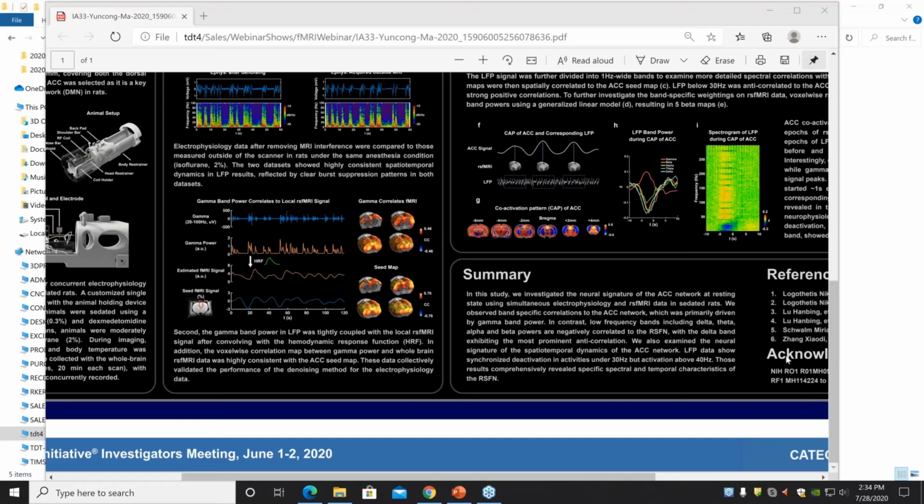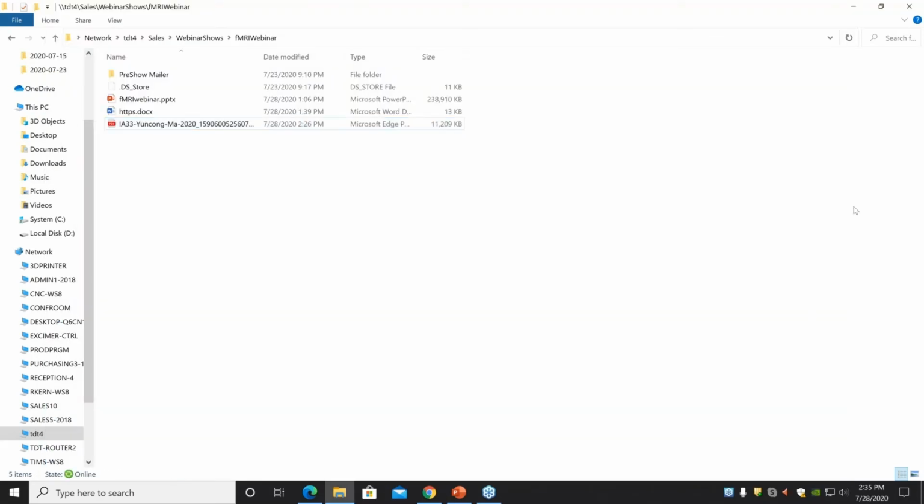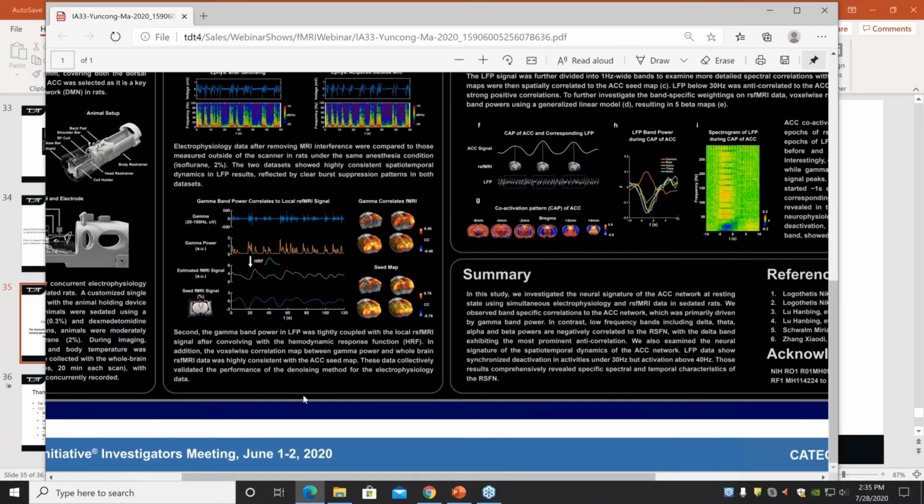So on the right, we show the spatial consistent similarity between the two maps obtained from the gamma band correlation to resting state fMRI and seed map correlation. And this result is consistent with previous literature reports. So we are confident about this simultaneous recording platform.